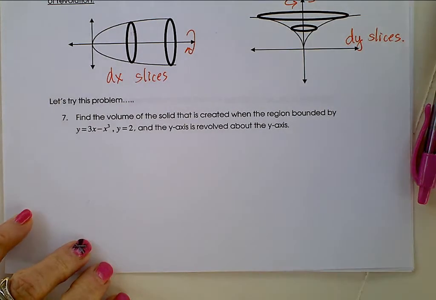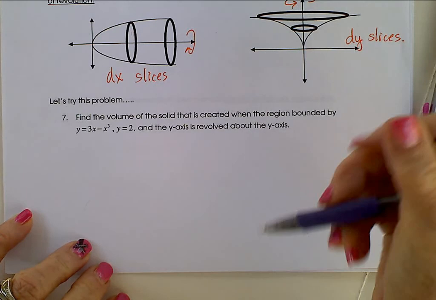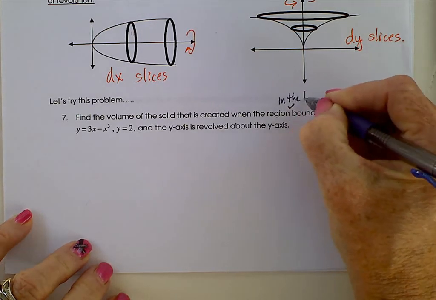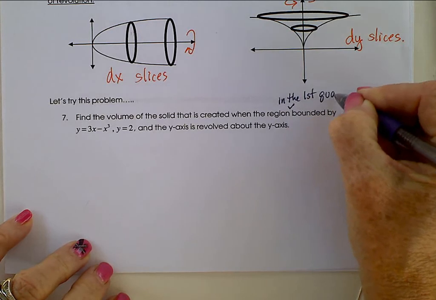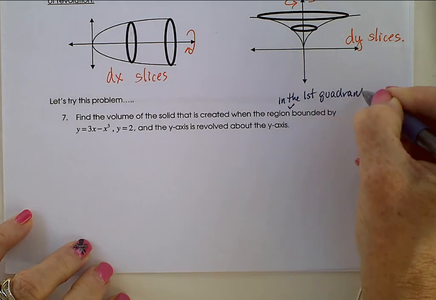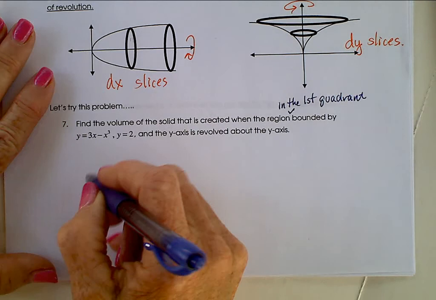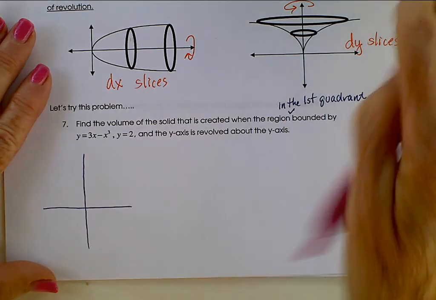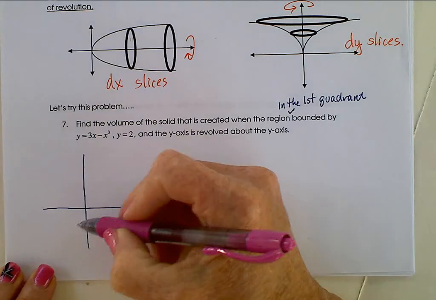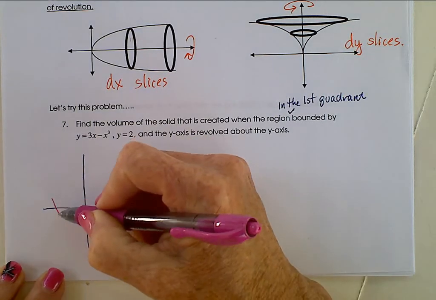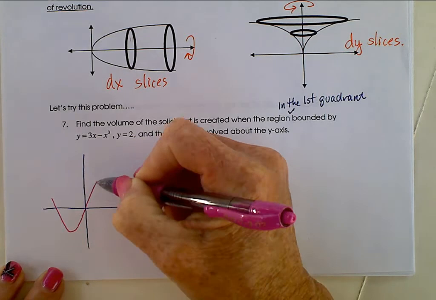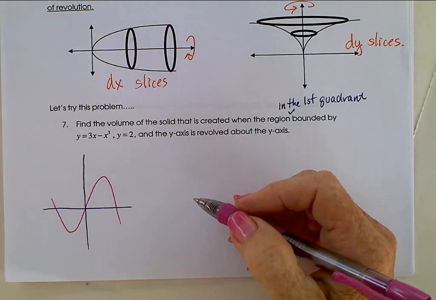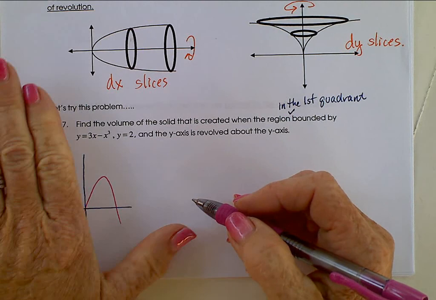Oh, I need to add a few words in here. I forgot that. When we graph this cubic, it looks something like that.